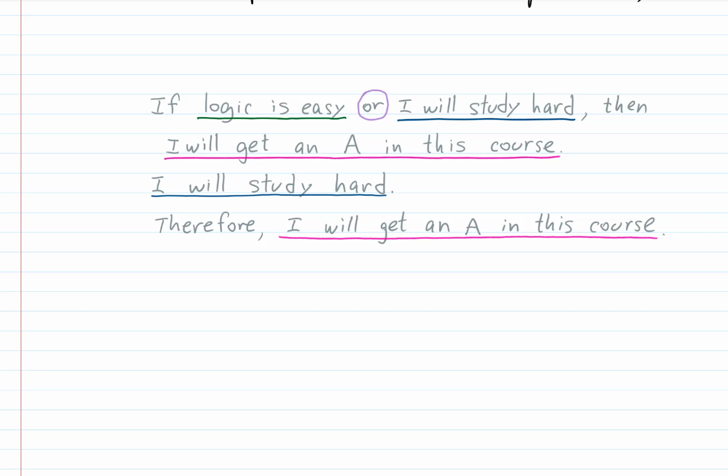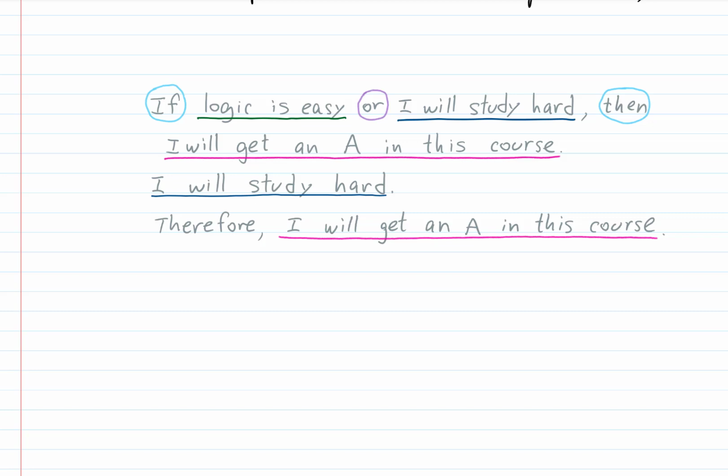It's either true or false. And then the pair of words, if then, together, they are called a connective as well. Because they connect the statement, logic is easy or I will study hard, with the statement, I will get an A in the class.